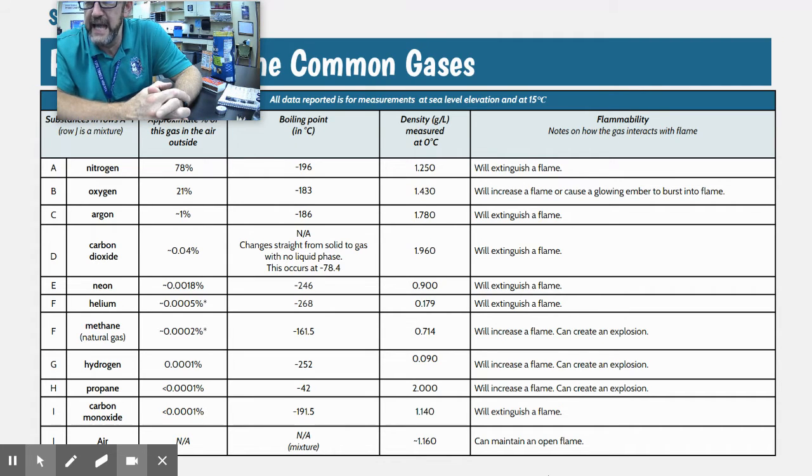So if we look at this last column, it tells me nitrogen, argon, carbon dioxide, neon, helium, and carbon monoxide will all extinguish a flame. Some of them are less dense than air, meaning they will rise. And some of them are heavy, meaning they will settle.